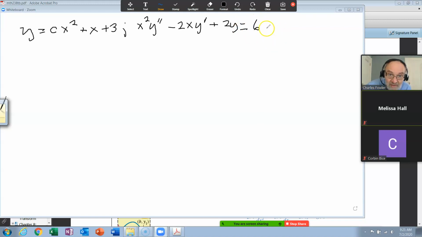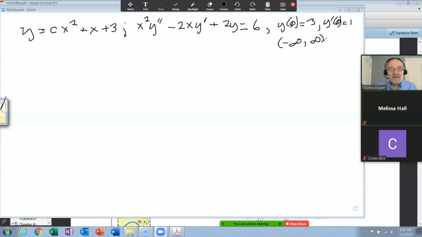Equals 6 with initial conditions, y of 0 is equal to 3 and y prime of 0 is equal to 1. Now, it says on the interval from minus infinity to positive infinity.